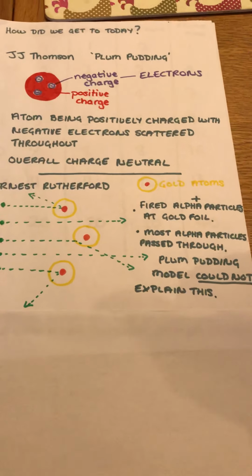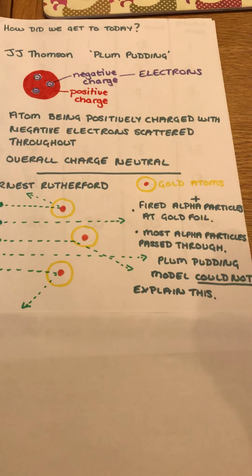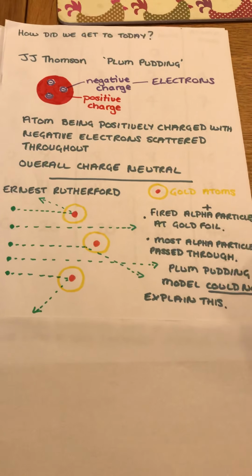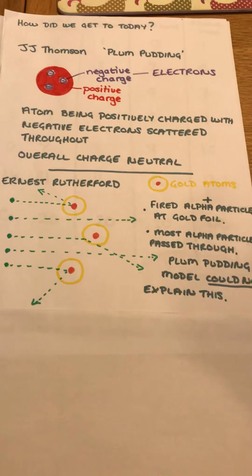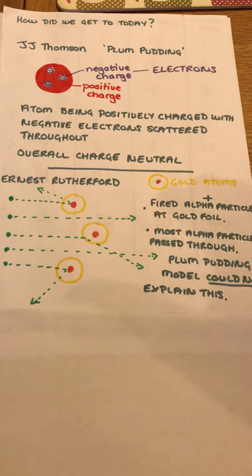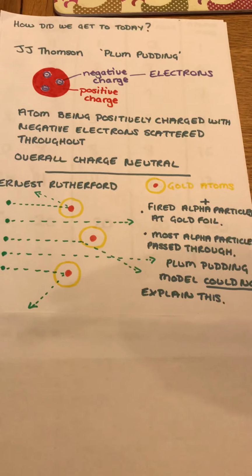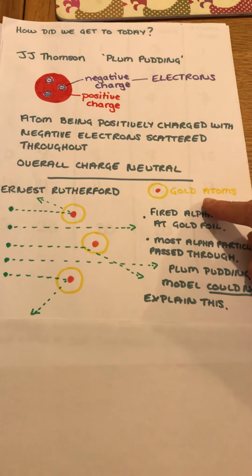At the time, they didn't know that there were protons and neutrons because neutrons hadn't been found. Another pupil in Ernest Rutherford's laboratory found the neutrons, but Ernest Rutherford had found the protons. So they had just alpha particles, the nuclei from helium atoms, and they fired these at gold atoms.